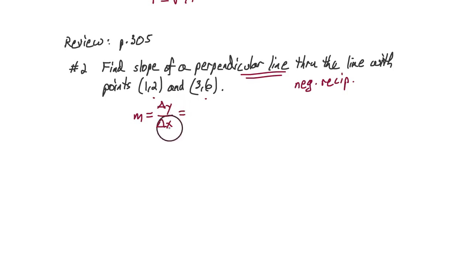Subtract the y's, subtract the x's. 6 take away 2 is 4. 3 take away 1 is 2. That reduces to 2. If you drew a line through those two dots, the slope is 2. Now let's find the slope of a perpendicular to that. It's the negative reciprocal of 2. So it's -1/2.